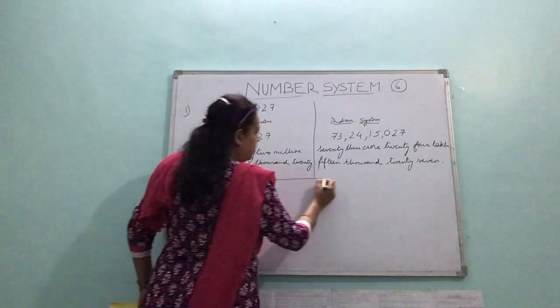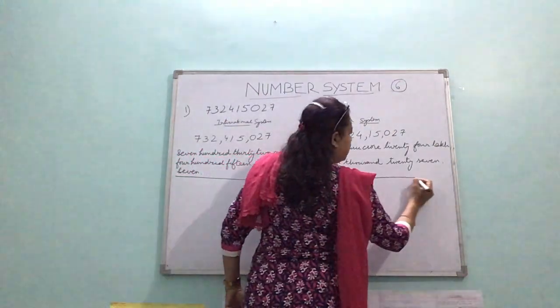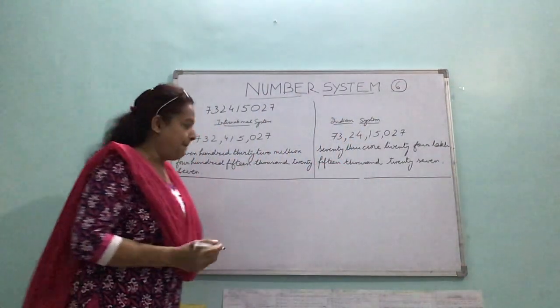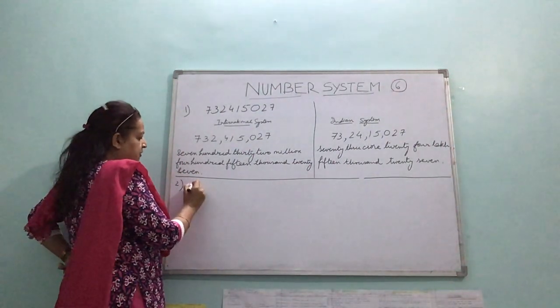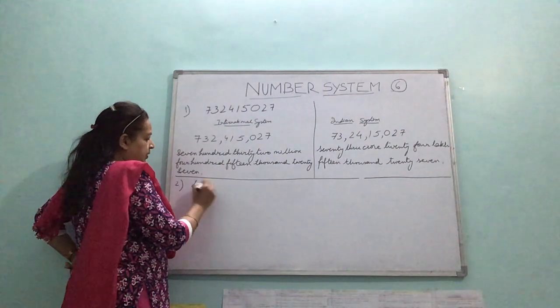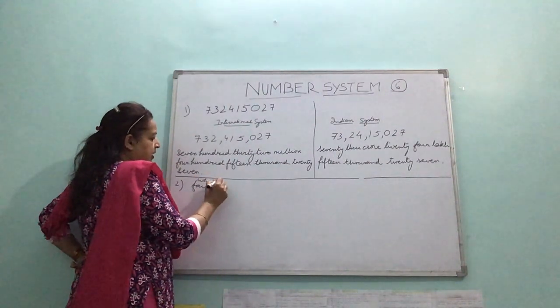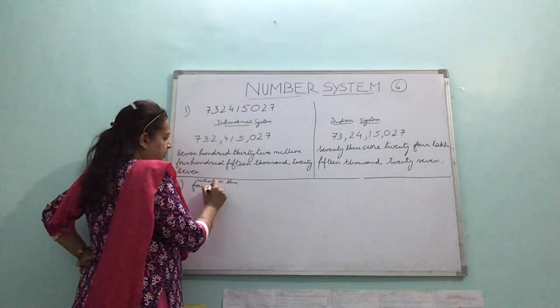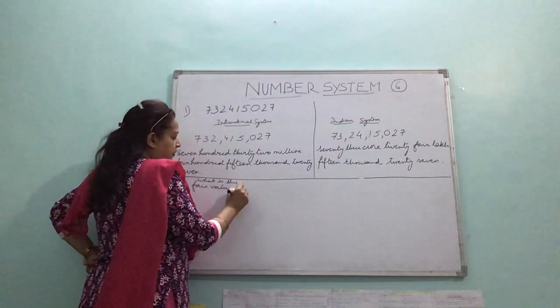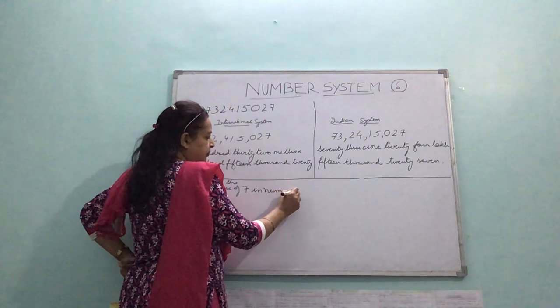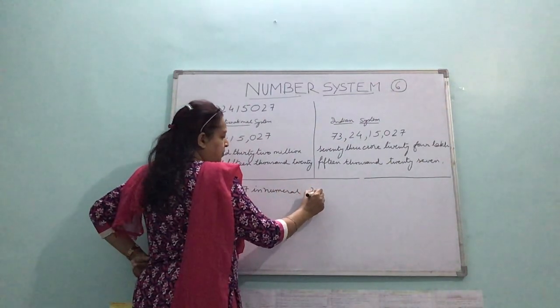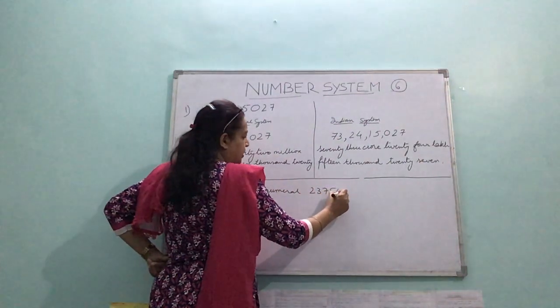Let's take some questions on place value and face value. What is the face value of 7 in the numeral 237562?